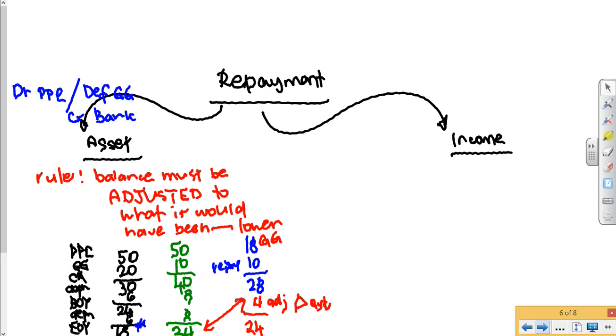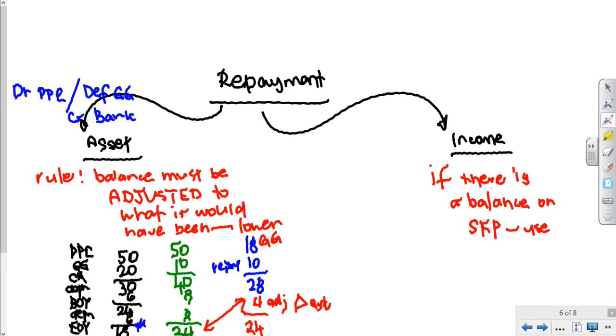On an income grant, the repayment rule is completely different. So on the income grant, the rule is the following. If there is a balance on SFP, use it. Then the rest comes from P&L.